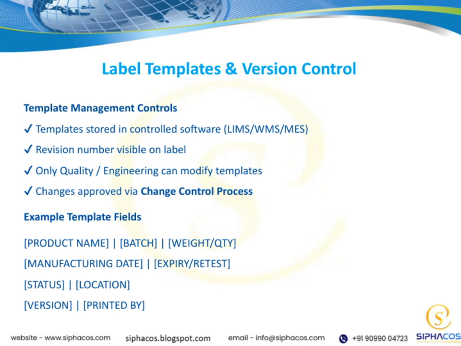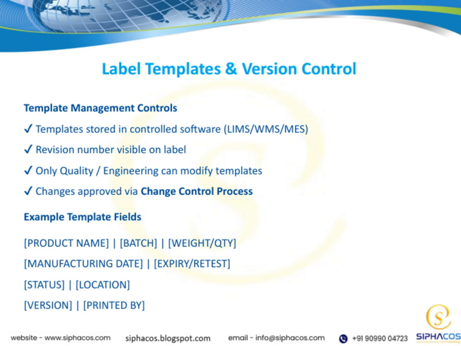First, managing templates is crucial, and we do this through controlled software such as LIMS, WMS, or MES systems. This ensures that templates are stored securely and managed consistently. You'll notice that the revision number is visible on the label itself, which helps us track changes and ensure everyone is using the most current version.